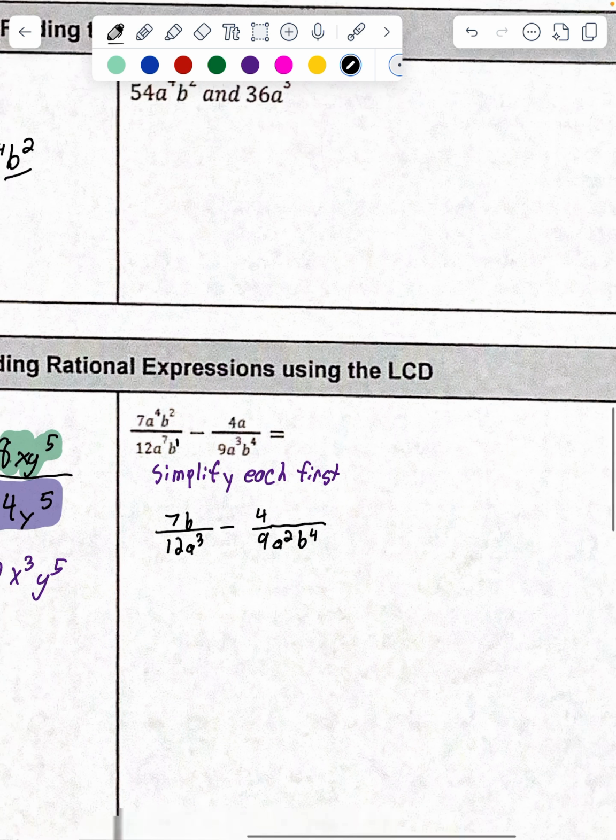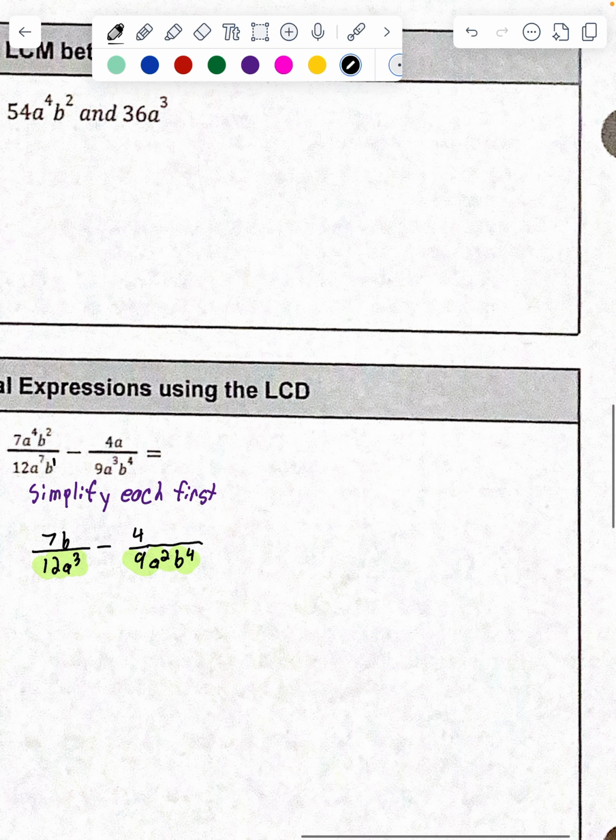Once we find that, we now need to find the LCM. LCM of what, you may be asking? LCM of these. So we're going to write 12a to the 3rd. Then we're going to write 9a squared b to the 4th. We can see that automatically we can take out a 3 out of both of those.